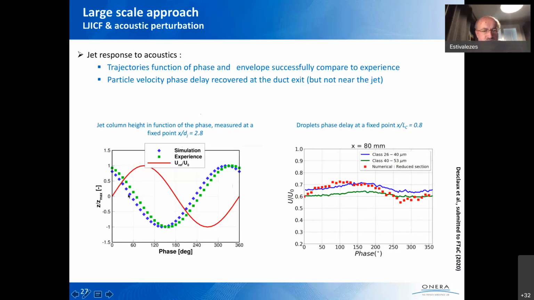Here we compare the simulation and the experiment, so we can see that we have a good agreement, and also some droplet phase delay at a certain point.